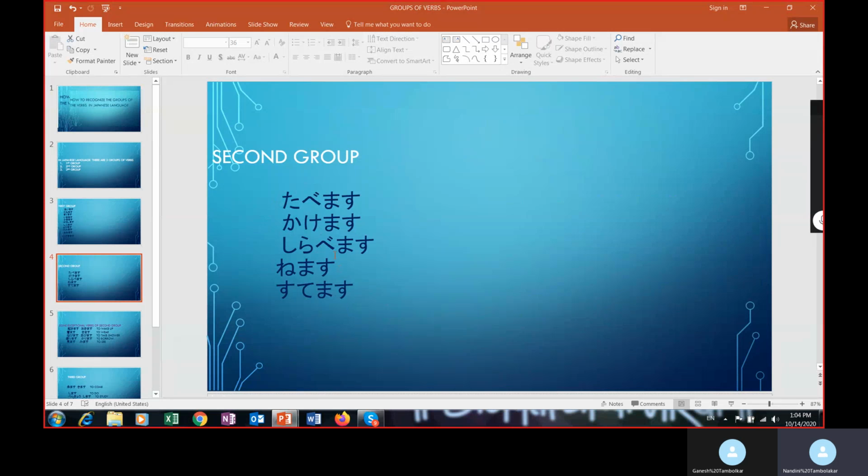Whenever we remove masu and the stem is in the e sound, it is considered the second group. These verbs follow all the rules of group 2, that is Ichidan Doshi. So this is also clear to you, I hope. And I am taking the next slide here.